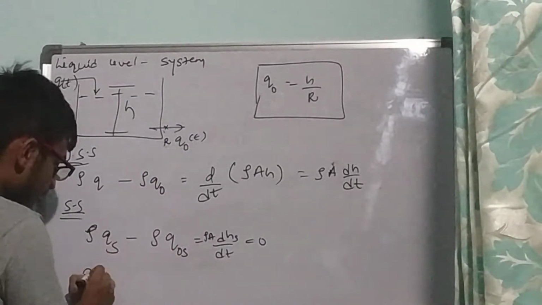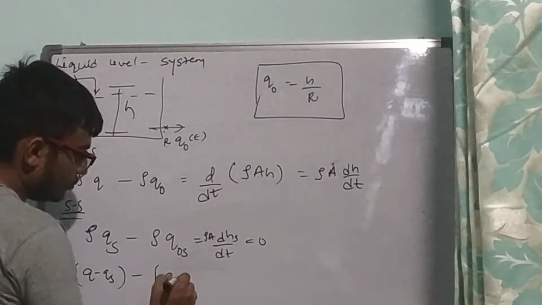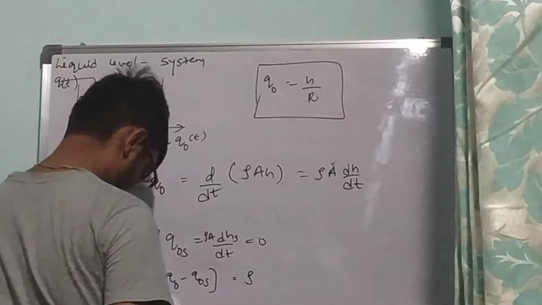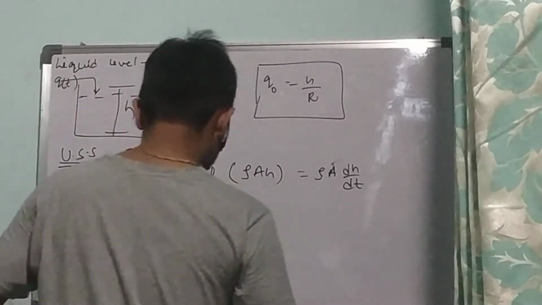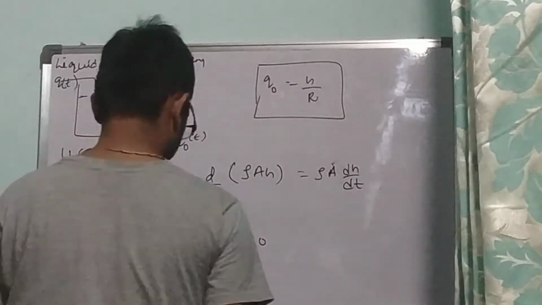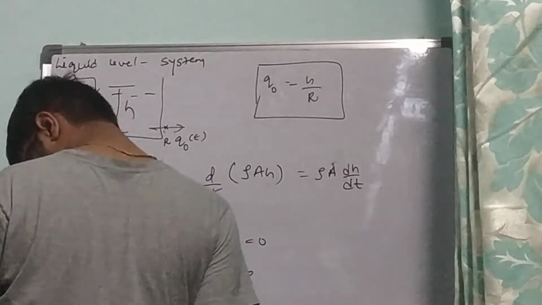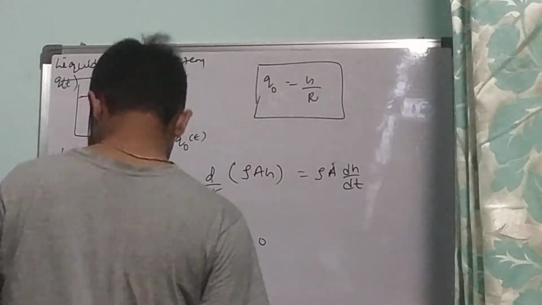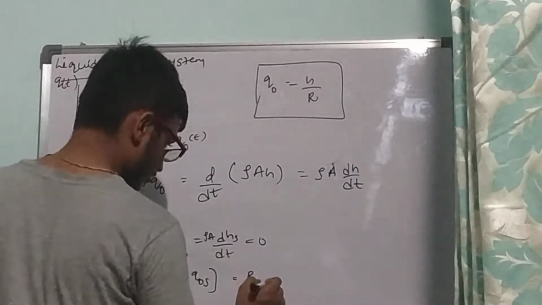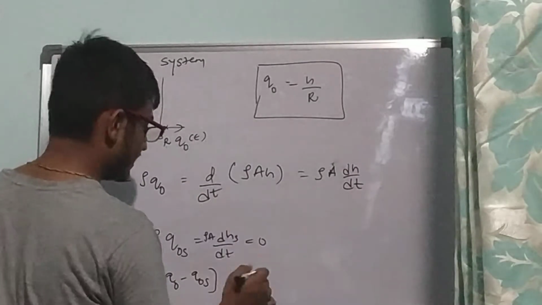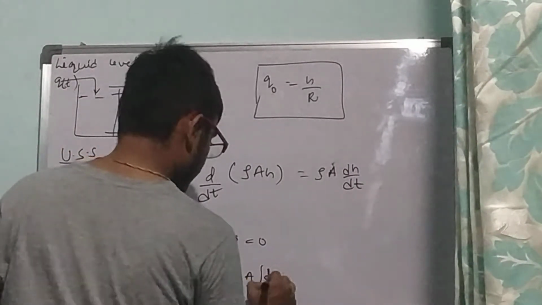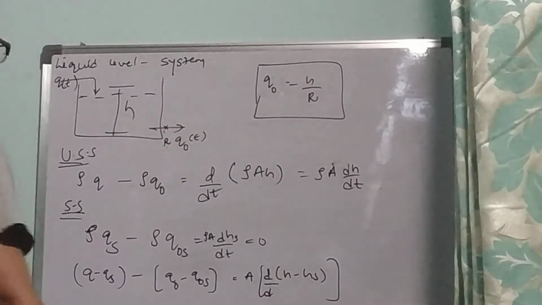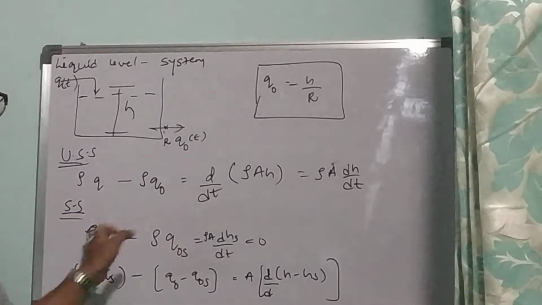So remaining will be Q minus Qs minus Q naught minus Q naught s is equal to A into d by dt of H minus Hs. Taking rho common on both sides, rho will get cancelled.